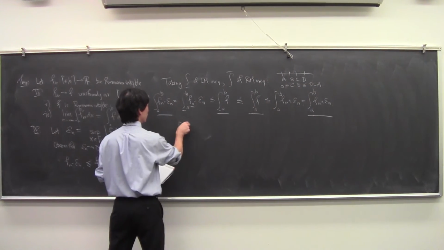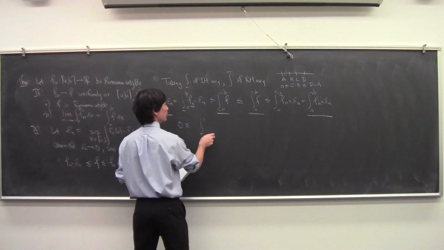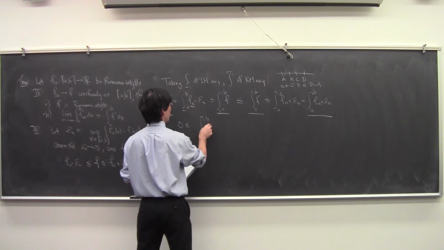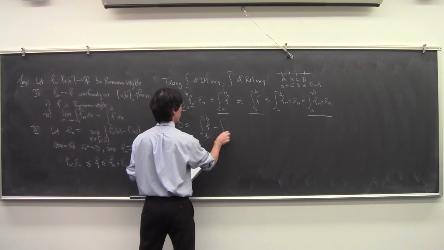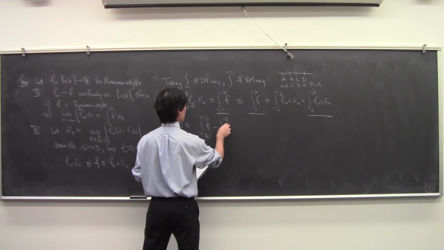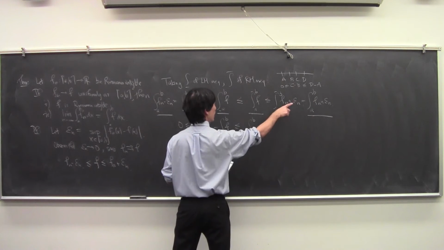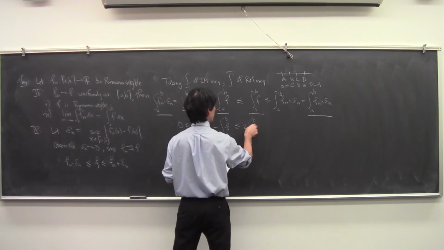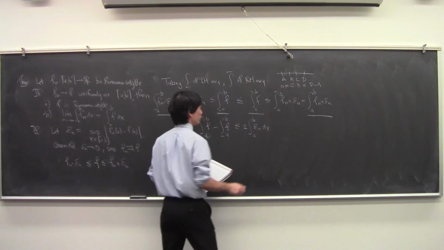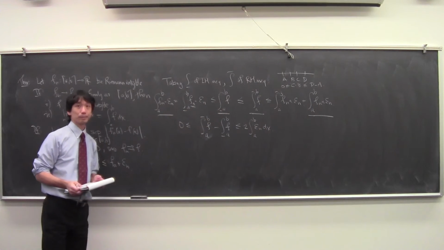So let's write that out. C minus B is less than D minus A. Well, that's going to be just 2 epsilon n, the integral of 2 epsilon n.